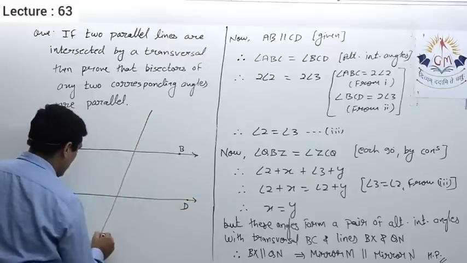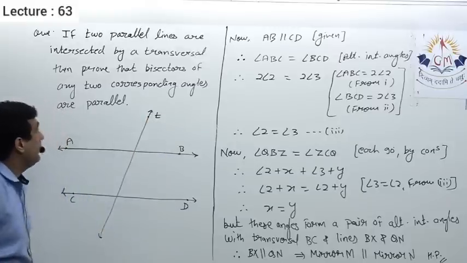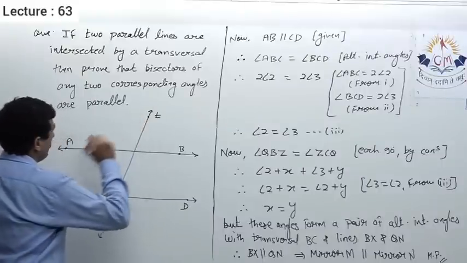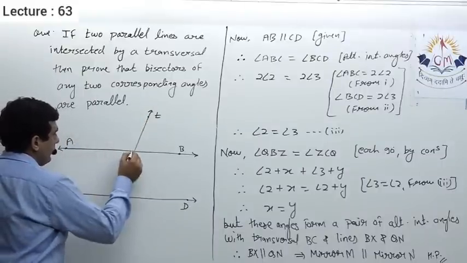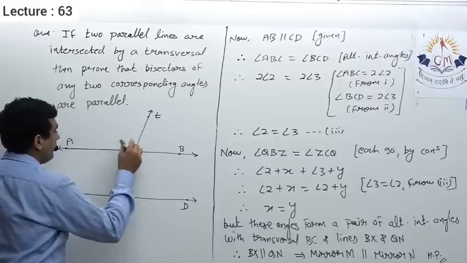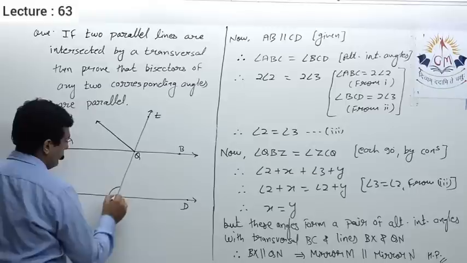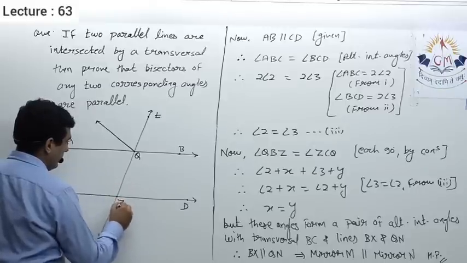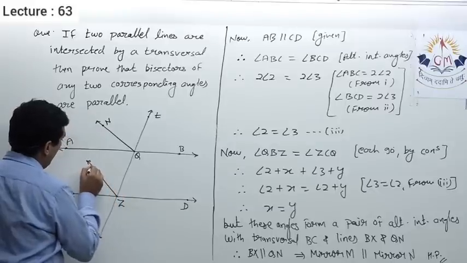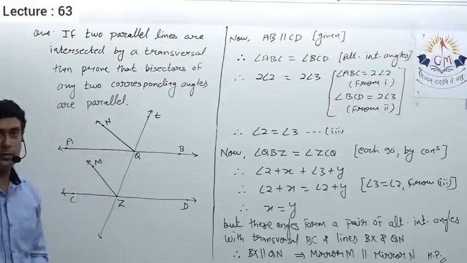This line is transversal T. Then prove that the bisectors of any two corresponding angles are parallel. So this is the first corresponding angle and this is the second. Now if I draw their bisectors, let the points be Q, Z, N, and M. So ultimately you have to prove QN parallel to ZM.